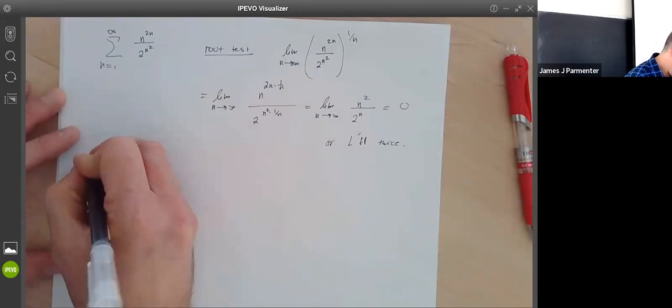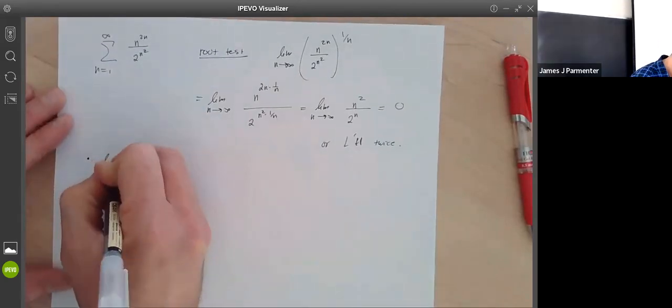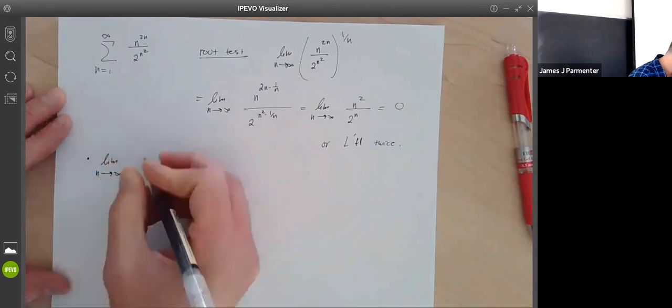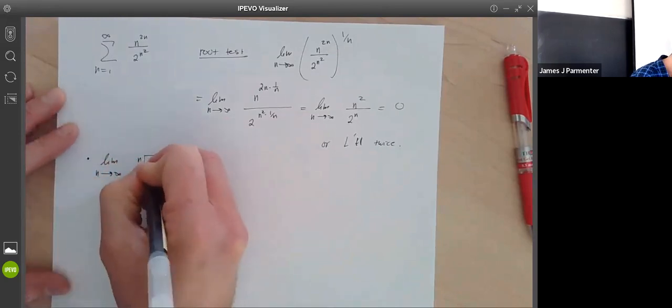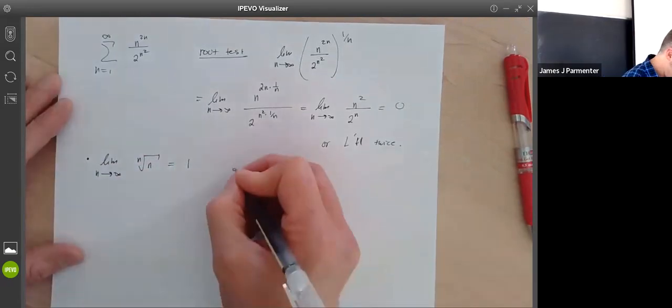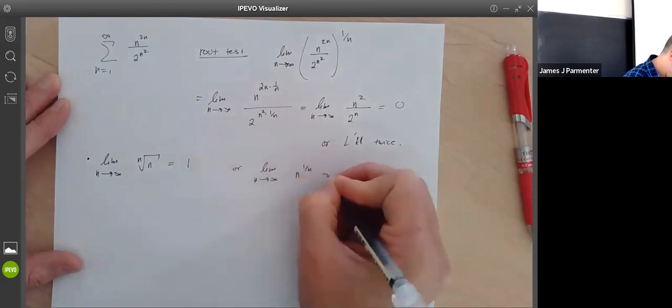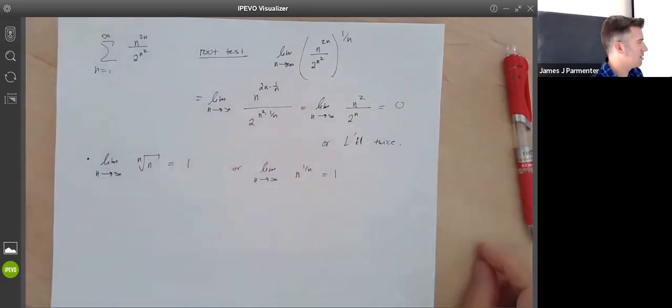Something that might come up, I just want to make sure you all know, is that the limit as n goes to infinity of the nth root of n is 1. It seems maybe not super intuitive.